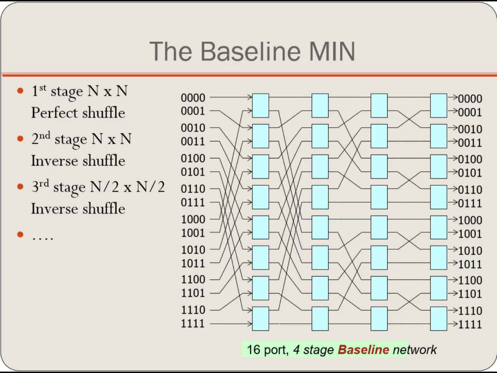And then the later stages reduce the size to half also. So here you have a 4 by 4 inverse shuffle, and this is another 4 by 4 inverse shuffle. The last stage becomes a 2x2 inverse shuffle, and so on. So that's the baseline network.